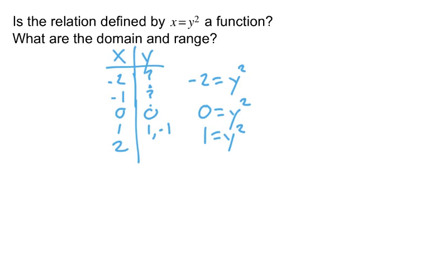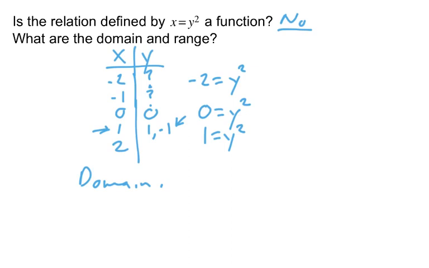What that's telling you right there is that a choice of x can lead to 2 values of y. We really don't have to go any farther. That automatically tells you that this is not a function. And as we looked at this table, we get a sense for the domain and the range as well.